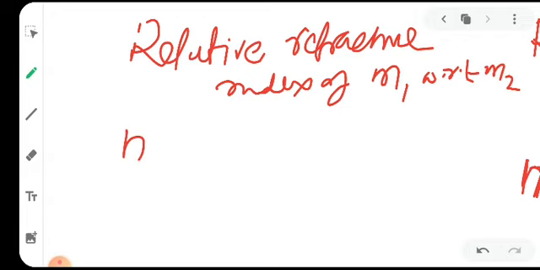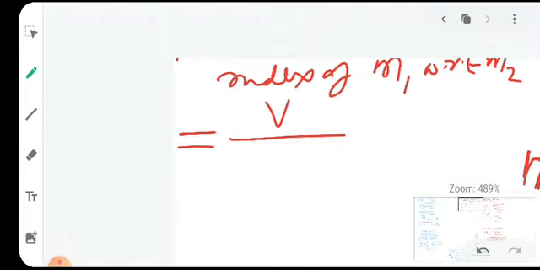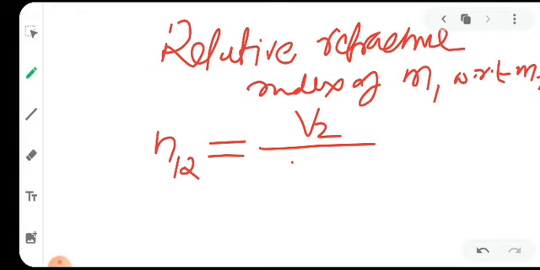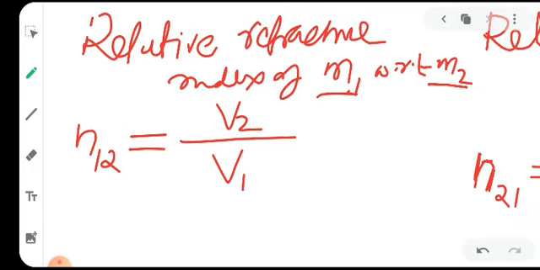It's nothing but n12. See, these are subscripts. You will write n and then 1 2 as a subscript to n. So it is the velocity of light in medium 2 divided by velocity of light in medium 1. So that is the relative refractive index of medium 1 with respect to medium 2.